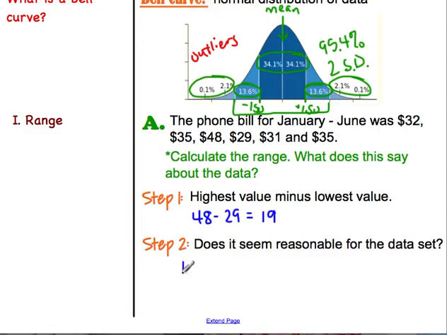We're going to say no, because phone bills should be similar. Now, if this had been a range of 19 and you were talking about ages of people in school, that's not a very big deviation, because that's what you would expect to see, a wide range of people in school.